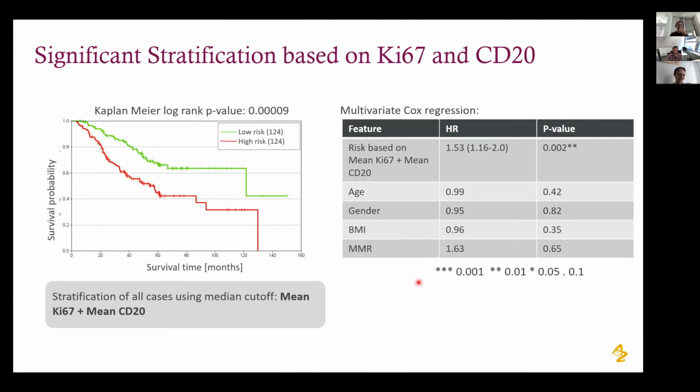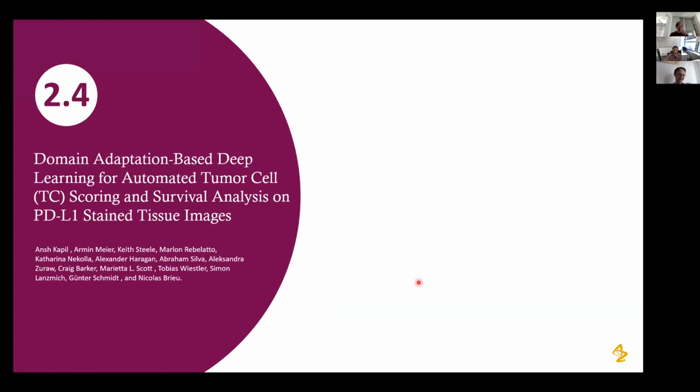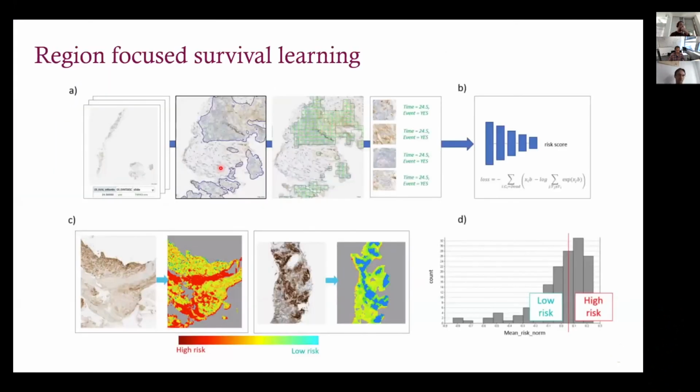That was clear. Okay. The last one is the work which we published recently in Transactions on Medical Imaging, and this is the extension of the DASGAN work, which I showed previously in this talk, where we tried to use region-focused survival learning.